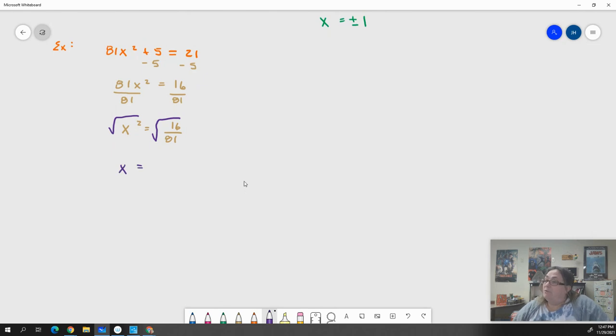X equals, well, this is ultimately saying the square root of 16 over the square root of 81. And you can always break down square roots like that when they're in a fraction form. So the square root of 16 is just 4, right? 4 times 4 equals 16. The square root of 81 is 9. So we have plus or minus 4/9. Not so bad, right?